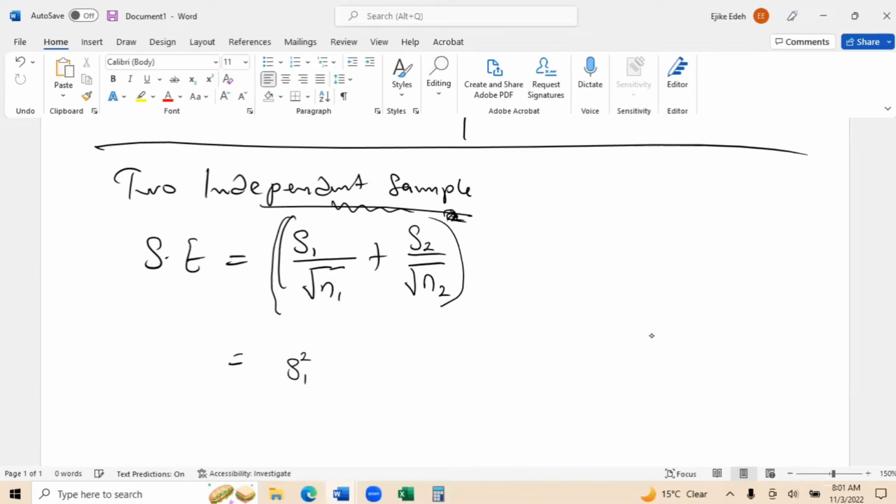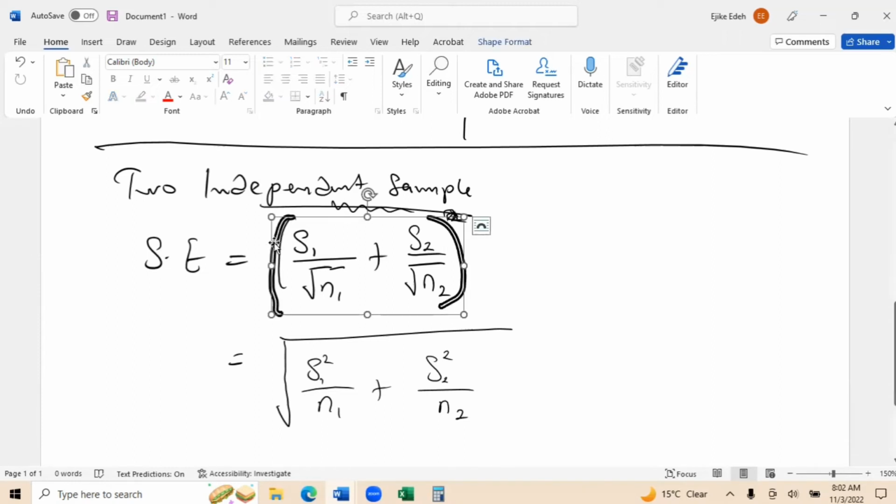Let me write down the formula and then I will explain from the formula why they are the same. So instead of writing it this way, I can take the square root of the square of group 1 divided by n1 plus the square of group 2 divided by n2. Okay, so these two are technically the same.